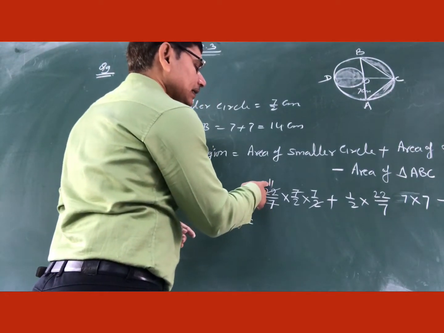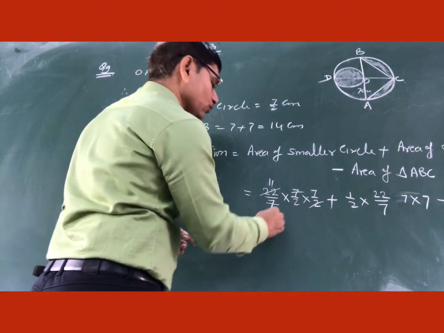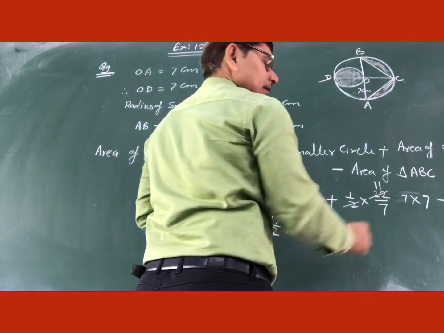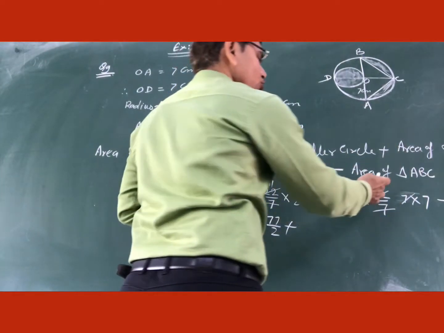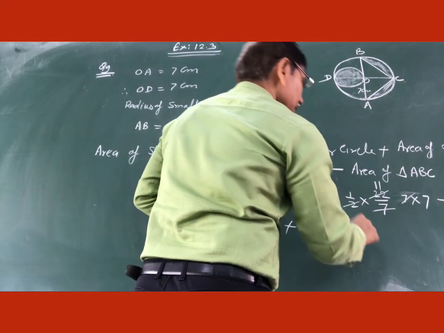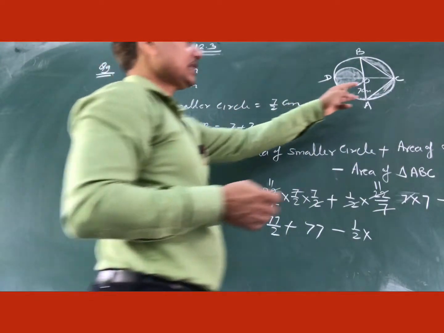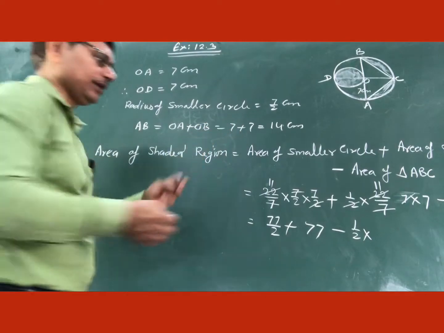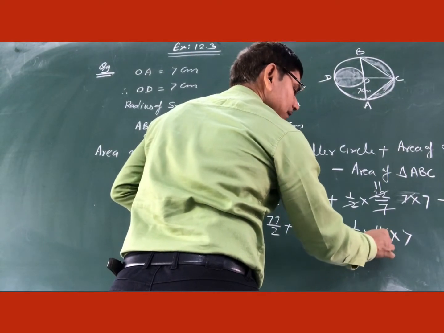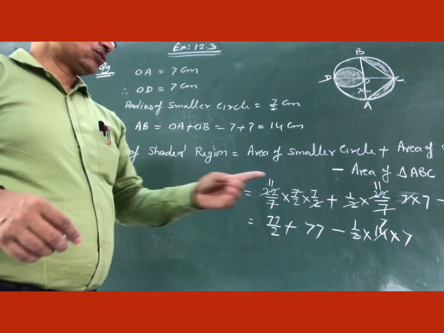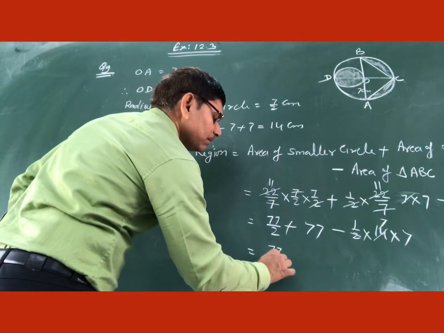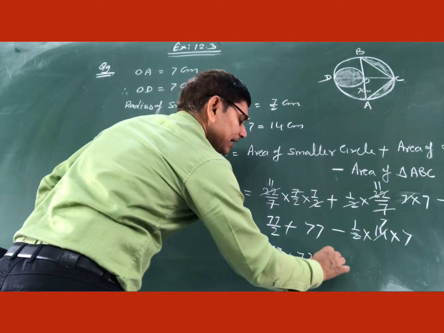Now you will get 11 times 7 is 77 by 2, plus, here you can see this is also 11, 7 and 7 cancelled out, so 11 times 7 is 77, and now minus half, base AB is given, 7 plus 7, that is 14, and OC is 7. Again you can cancel, 7 twos are 14, so 7 sevens are 49. So this is 77 by 2 plus 77 minus 49.